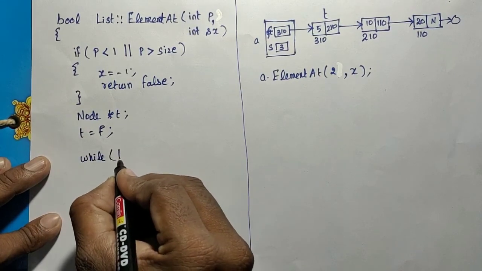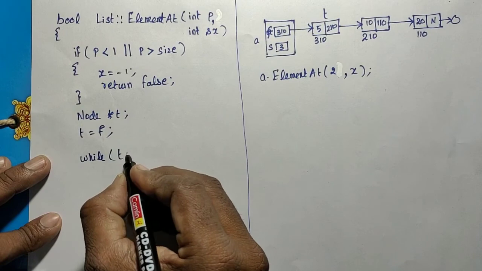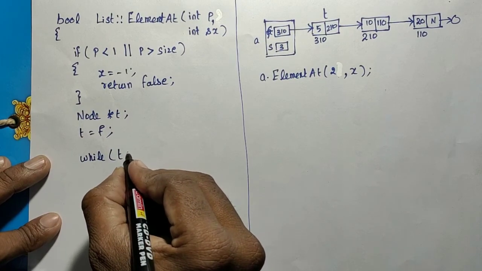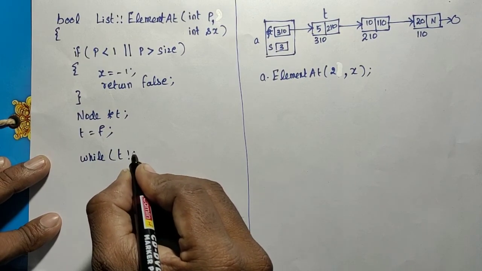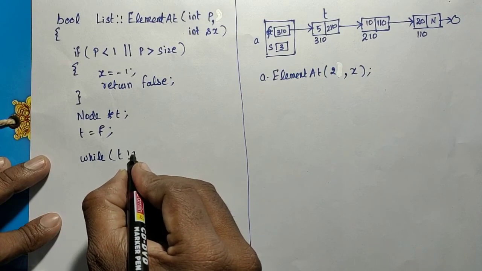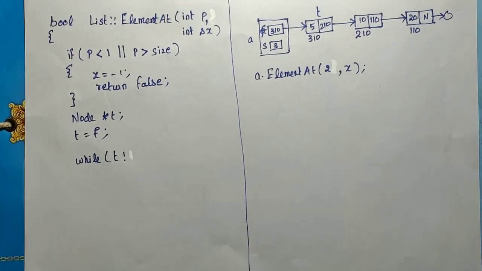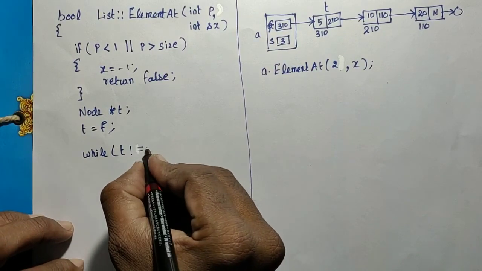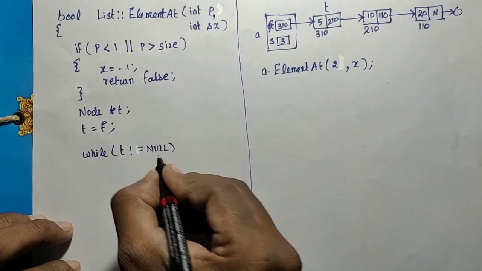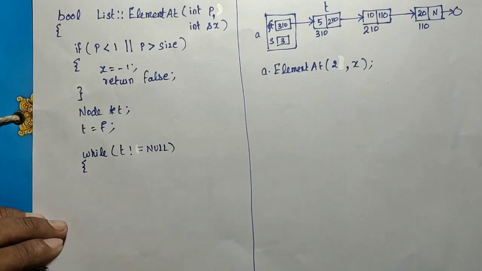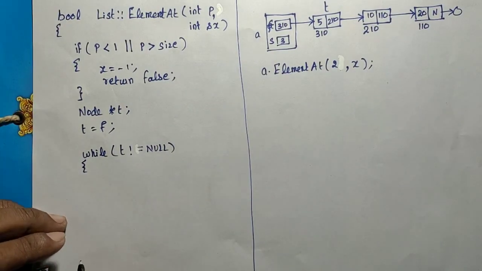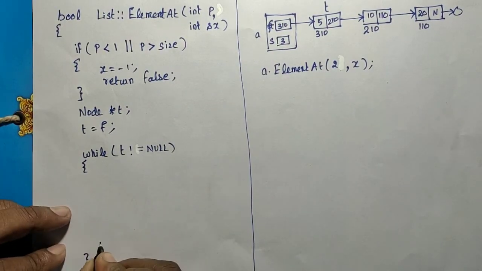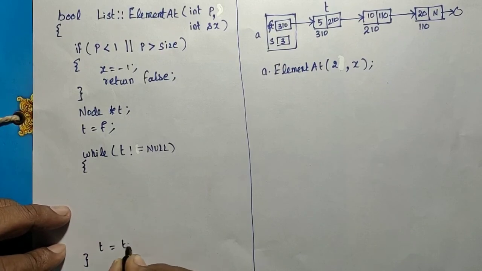While T not equal to null, I have to keep on incrementing T, T equal to T of next.